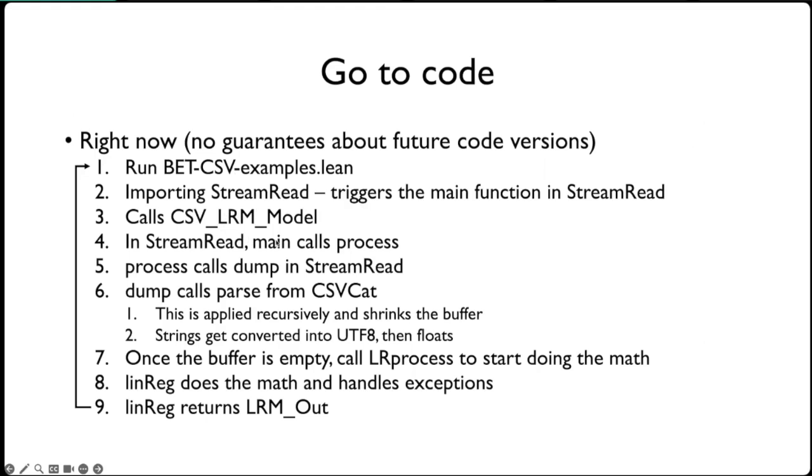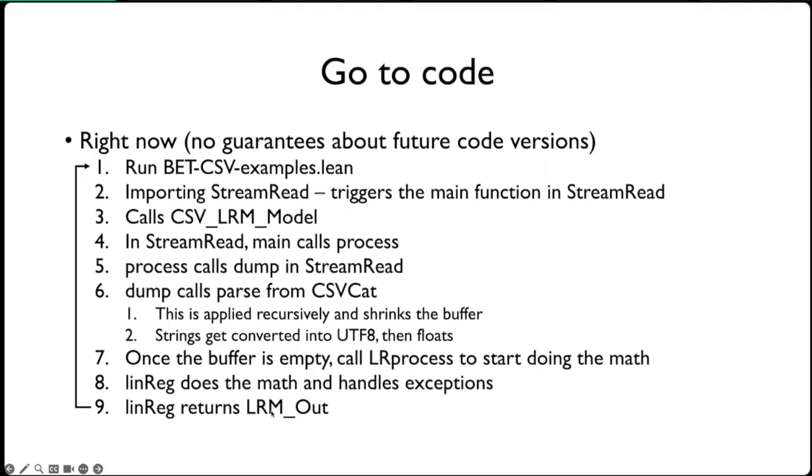Main is called, just like we were seeing when we were learning about I/O and function execution. We then have main calls process. Process calls dump. Dump calls parse. Parse gets recursively applied until the CSV buffer is empty, which calls linear regression process, which starts doing the math. Then we do the math to do the linear regression, and then we return the output.